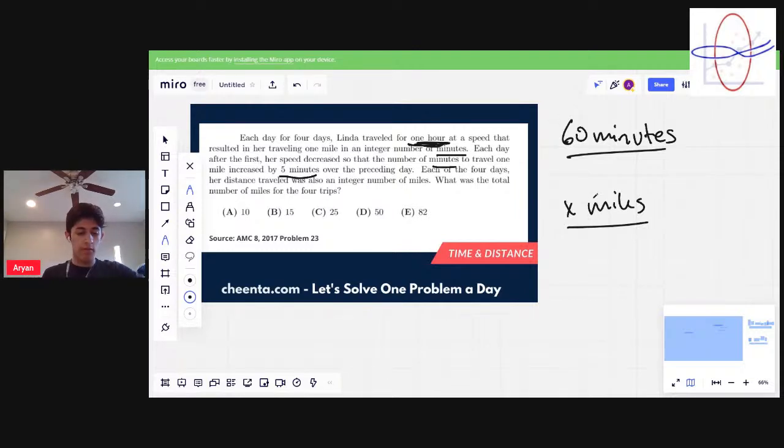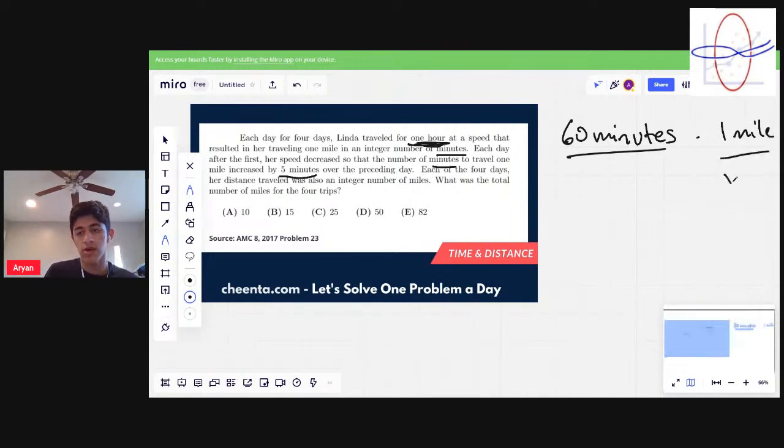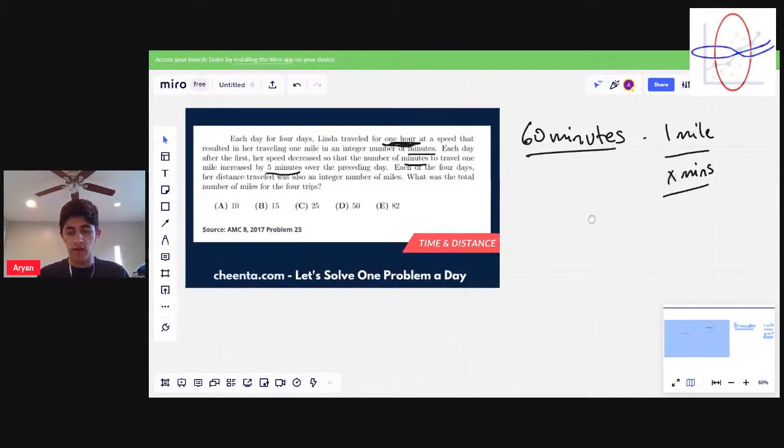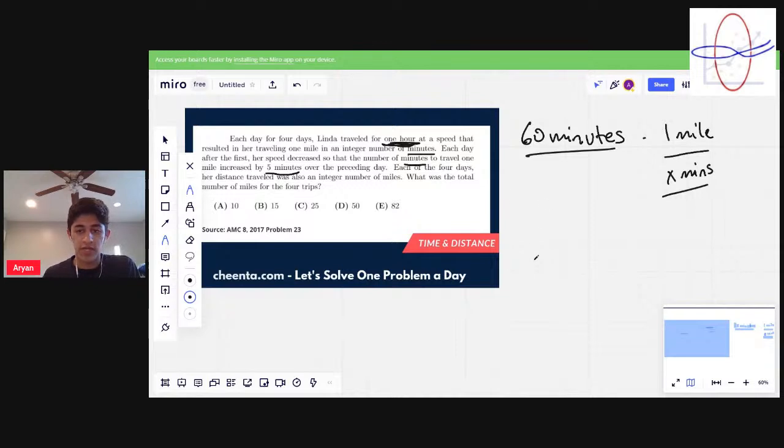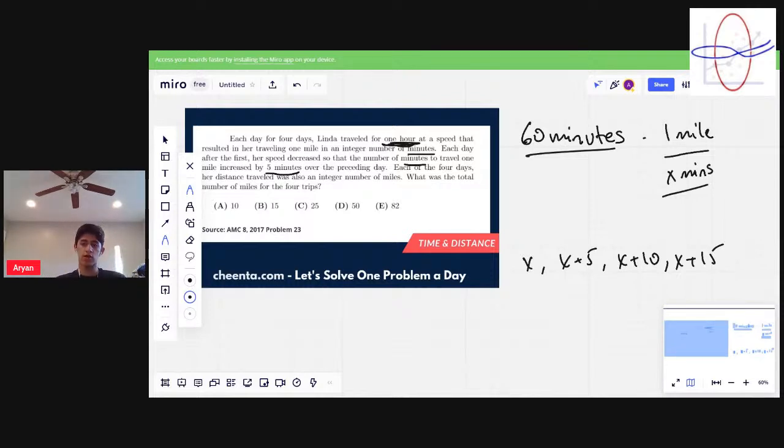So we have 1 mile in some X number of minutes, and then they tell you that each day her speed decreased so that the time taken is increasing by 5 minutes. So day 1, it took X minutes. Day 2, it took X plus 5 minutes. Day 3 took X plus 10. Day 4 took X plus 15. These are all times, right?